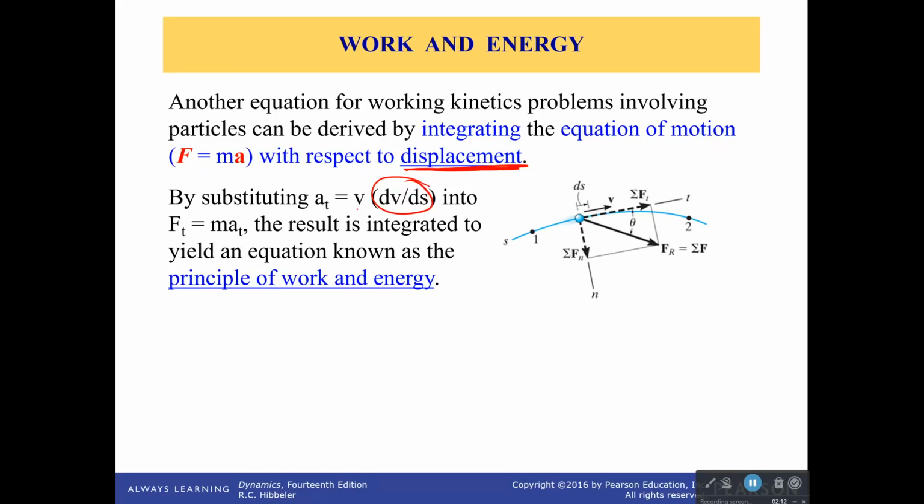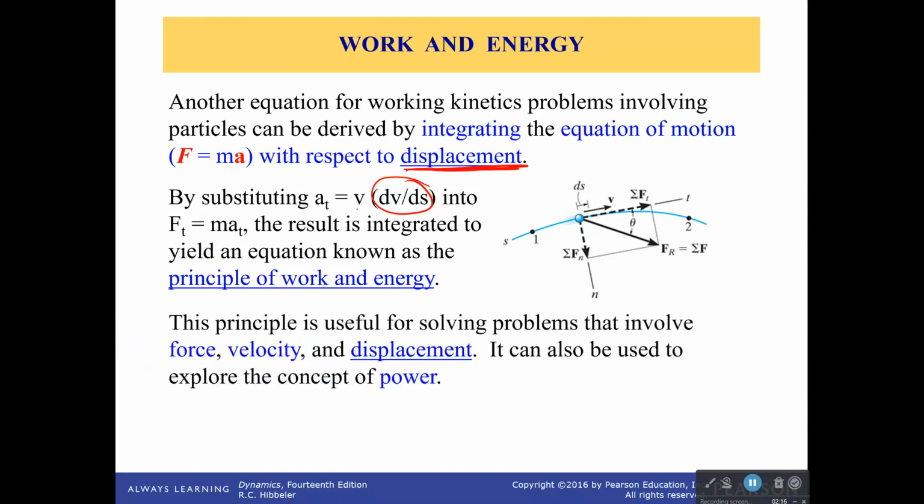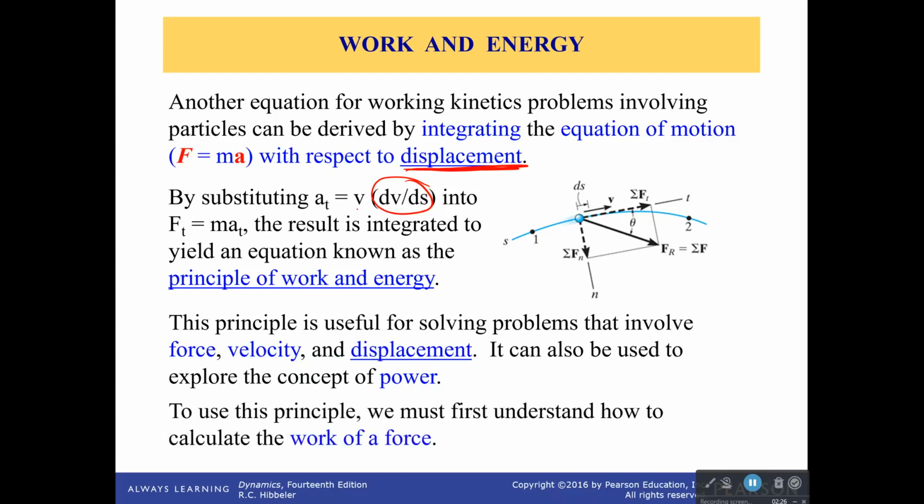And when we integrate this, it yields an equation known as the principle of work and energy. This principle is very useful for solving problems that involve force, velocity, and displacement. It can also help us explore the concept of power, which is simply energy over time. Now, if we're going to do this, we first have to understand how to calculate the work of a force. We'll come back to this, don't worry. We'll do some examples to help show what we mean.